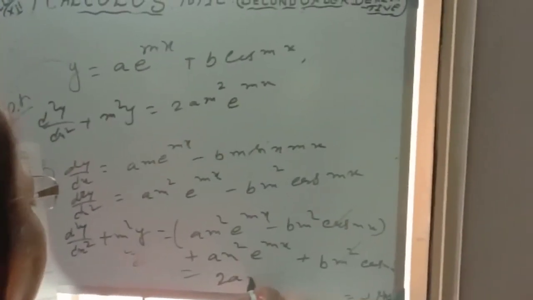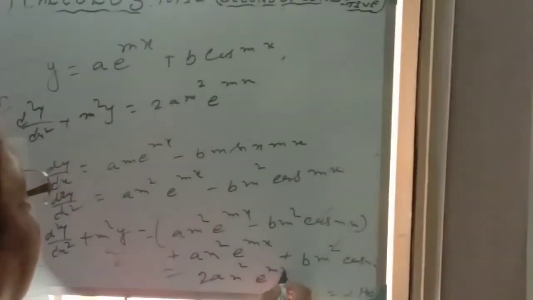Look, so what we will get? These two terms will be cancelled. So it is coming only 2a m square e to the power mx. This only we have to prove. So this is proved. Okay.